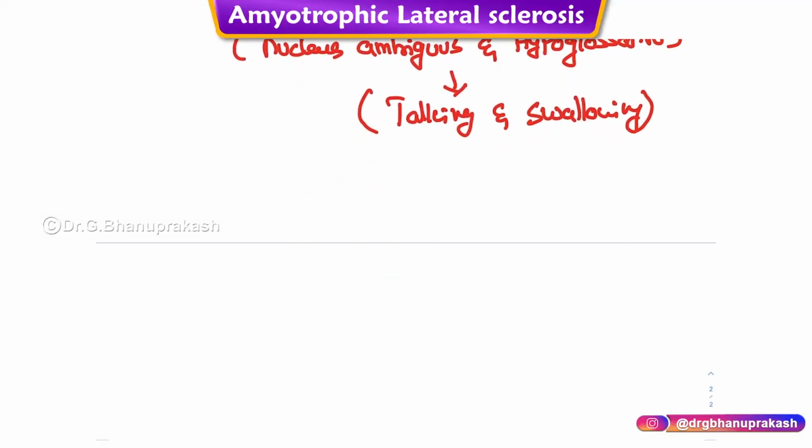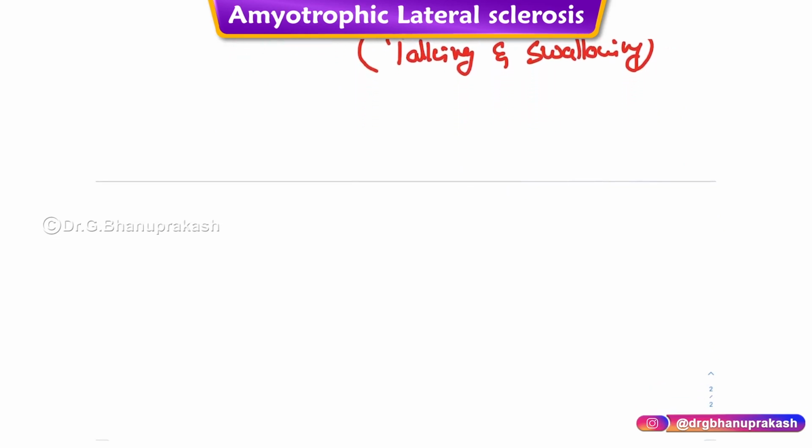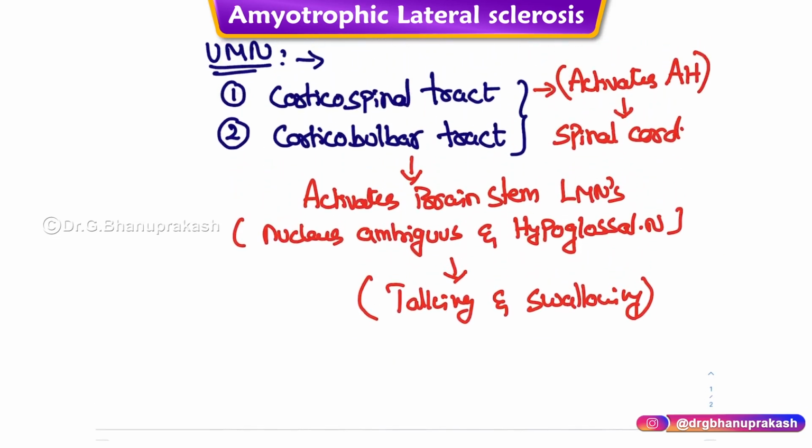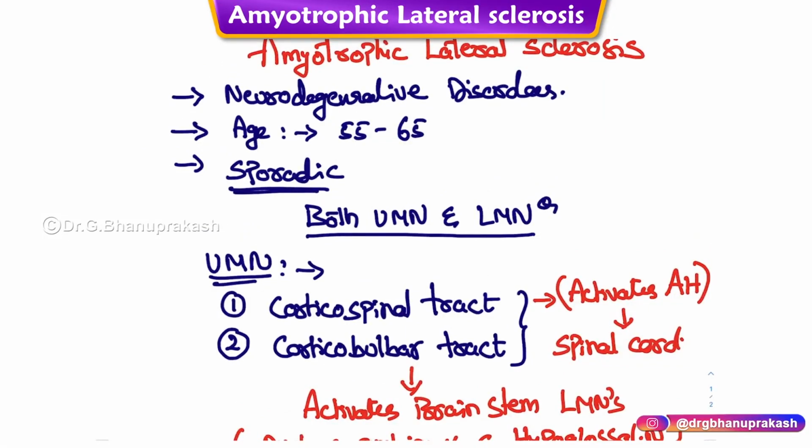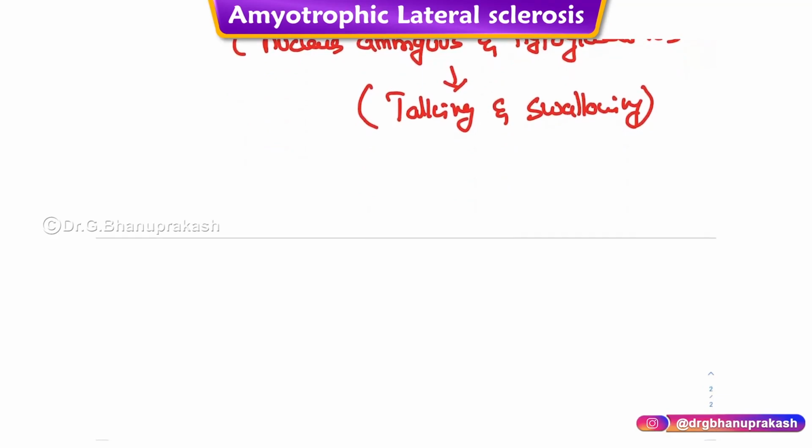One very important point I already mentioned is that the majority of the cases are sporadic in nature. Familial cases are also seen. Remember this point. Majority of the cases are sporadic, but familial cases are also seen.